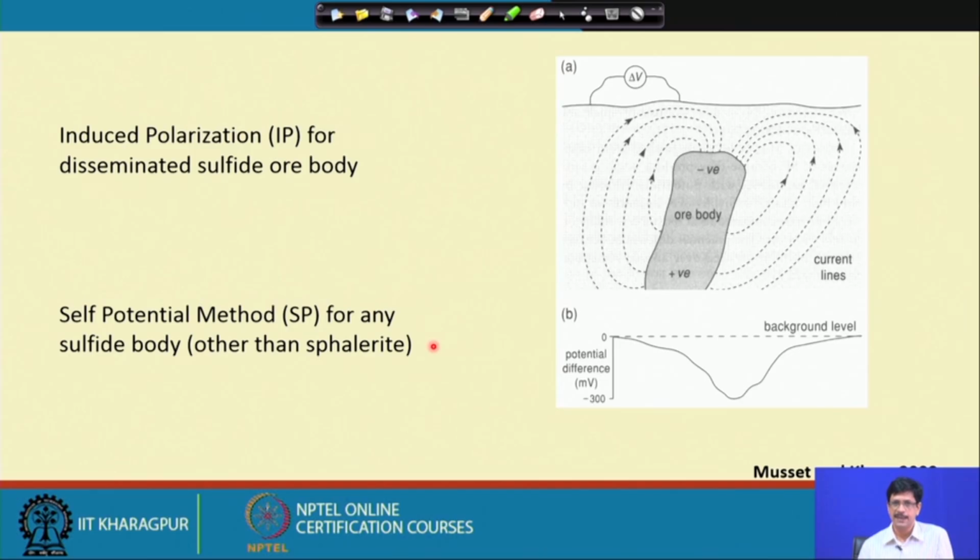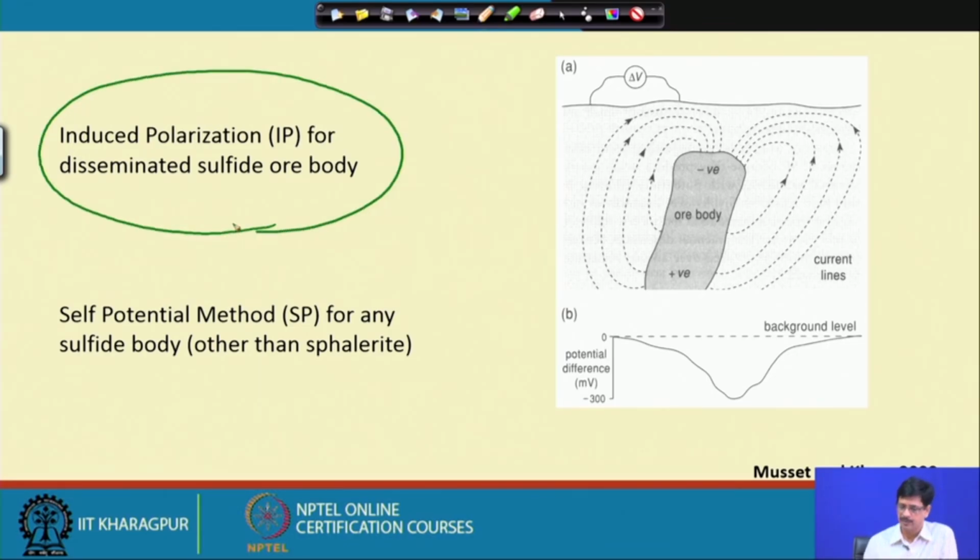When the current is applied, polarity is created within the sulphide conducting minerals. The only exception to that is sphalerite. If we stop the flow of current, some residual potential remains and gradually decays, and that is measured. That is the induced polarization method, mostly applied to situations with a disseminated type of ore body.